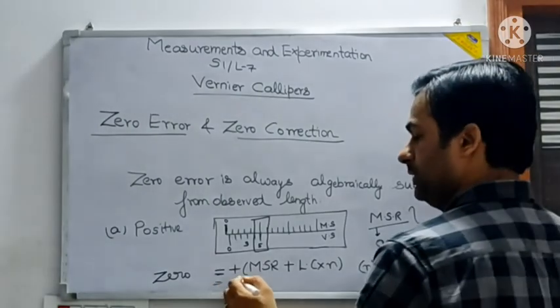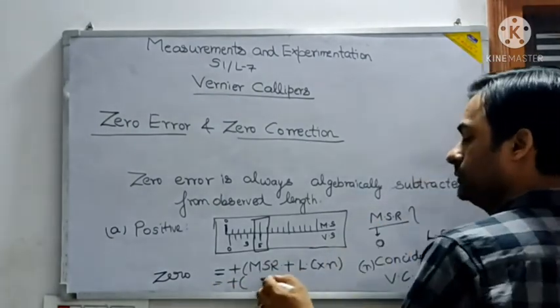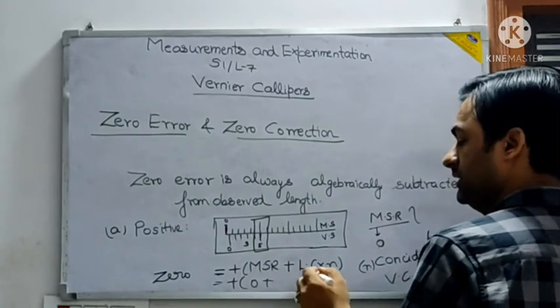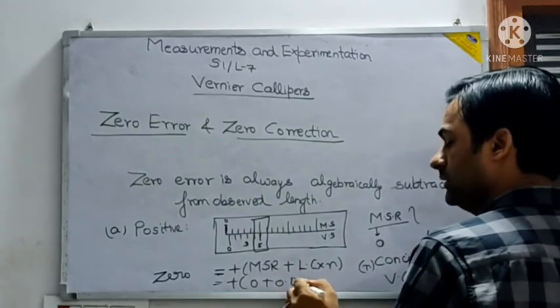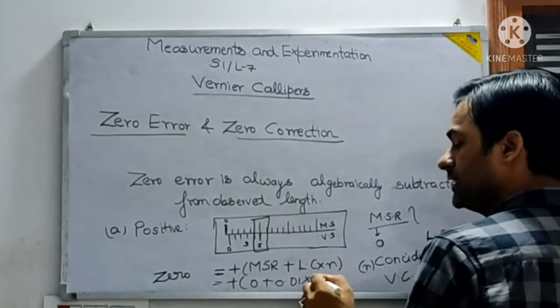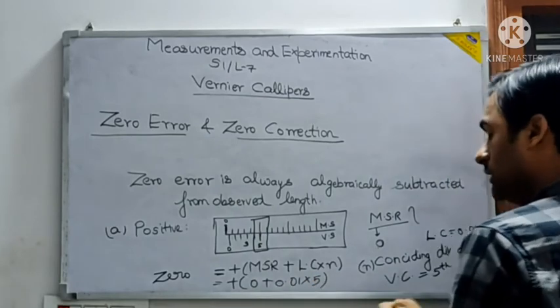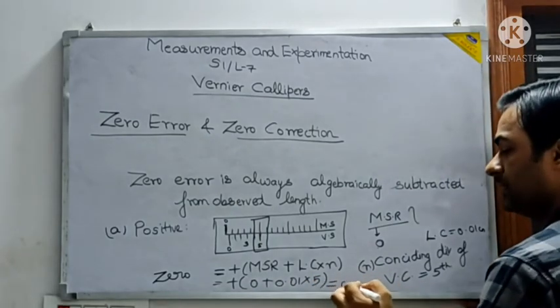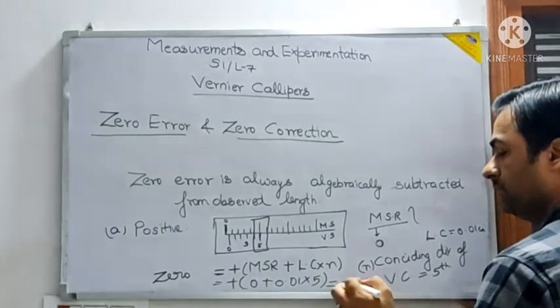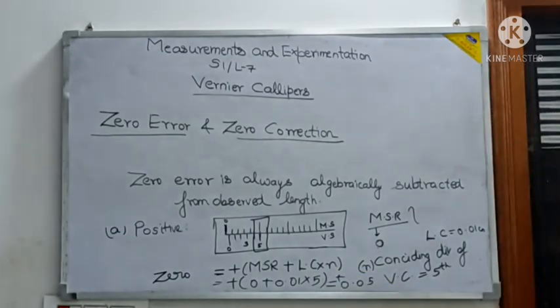So main scale reading is 0, plus least count is 0.01. Here the 5th division is coinciding, so multiply by 5. So what has it come to? It has come as 0.05, plus 0.05.